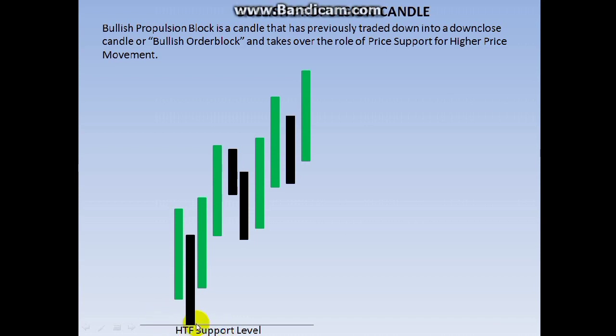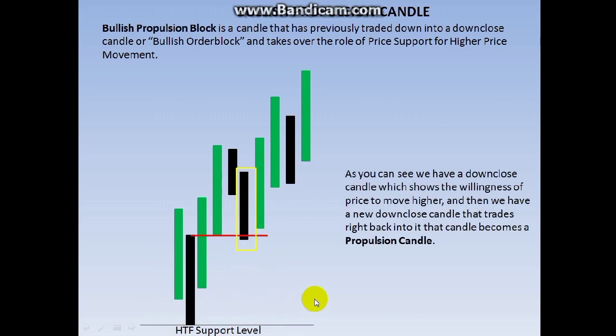The underlying trend, of course, is bullish. We are anticipating higher prices. Now this is price dropping down into a higher time frame support level. Let's go down further. As you can see, we have a down close candle which shows the willingness of price to move higher.